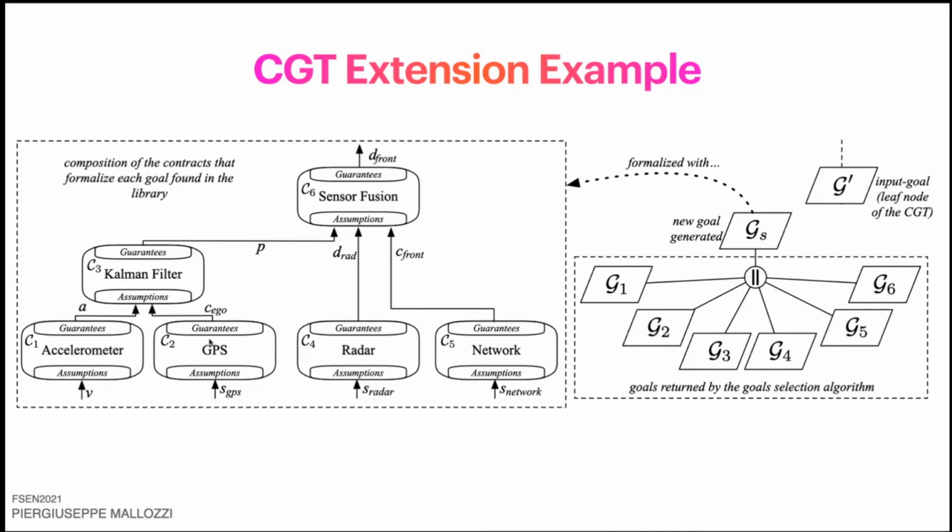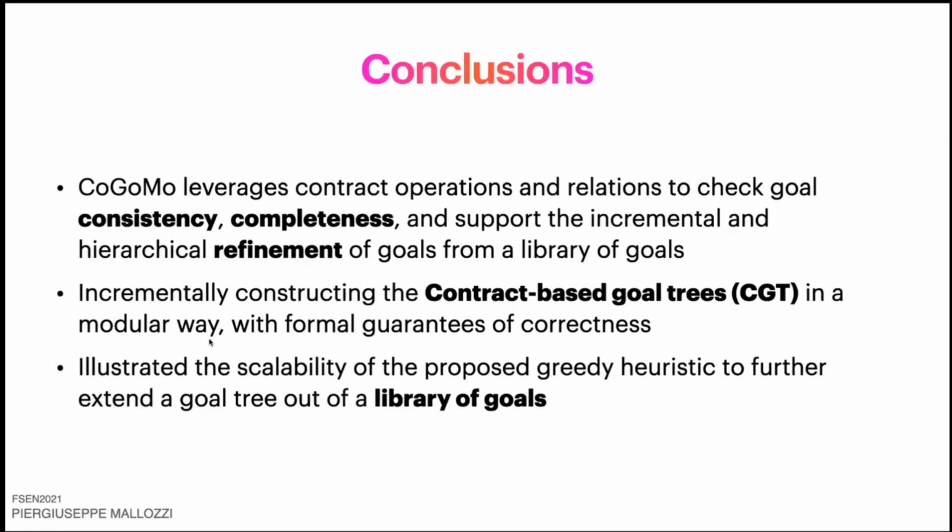Okay, so to conclude, in Kogomo we leverage contract operations and relations to check goal consistency and completeness, and to support incremental and hierarchical refinement from the library of goals.